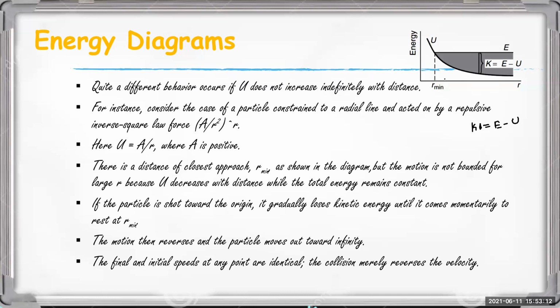The final and initial speed at any point are identical. By collision, merely the direction of the velocity reverses, not the speed.